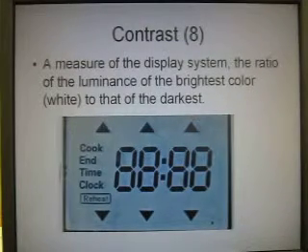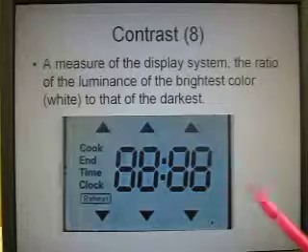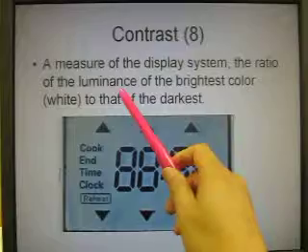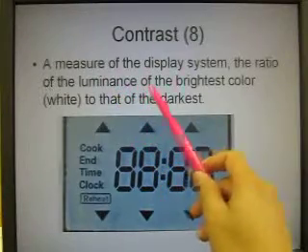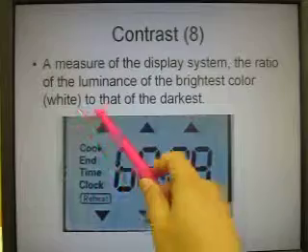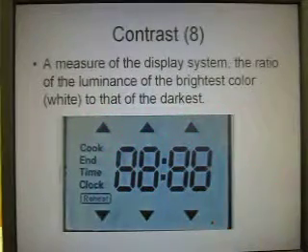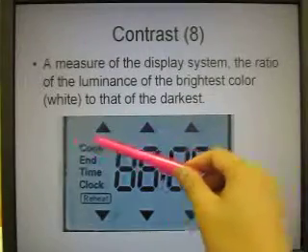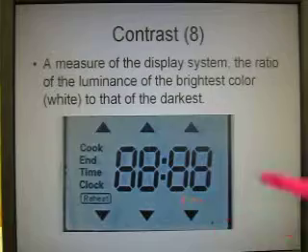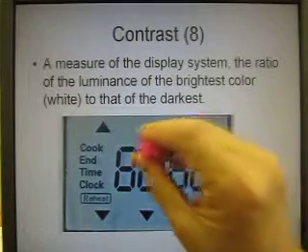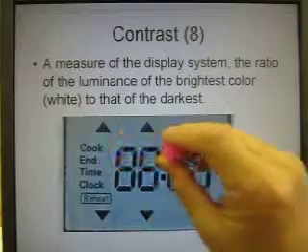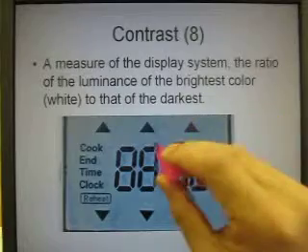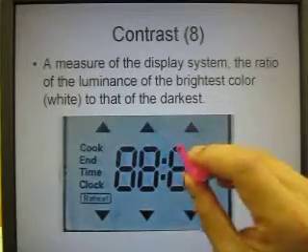Next question: what is the contrast ratio? It is a measure of the display system. It is the ratio of the luminance, another word for brightness, of the highest color, white, to that of the darkest. From this LCD, this is white, and first we set a machine to measure the brightness of the white area, and then we measure the brightness of the darker part.